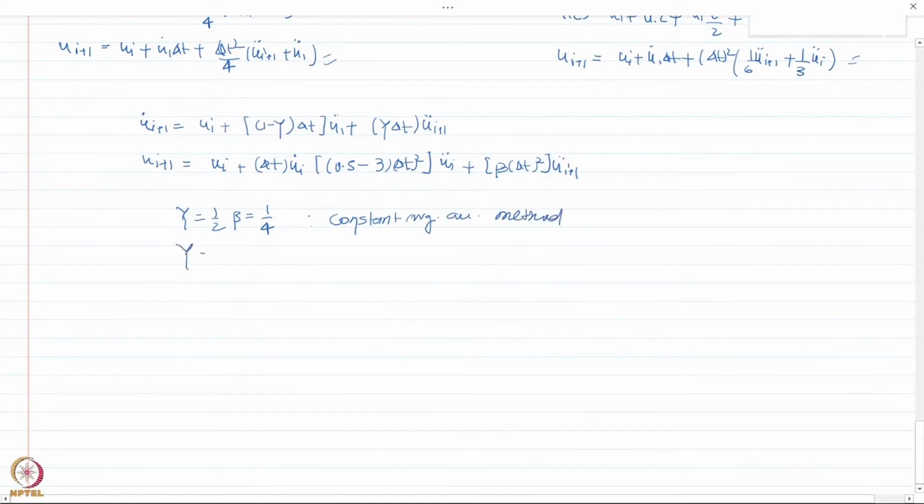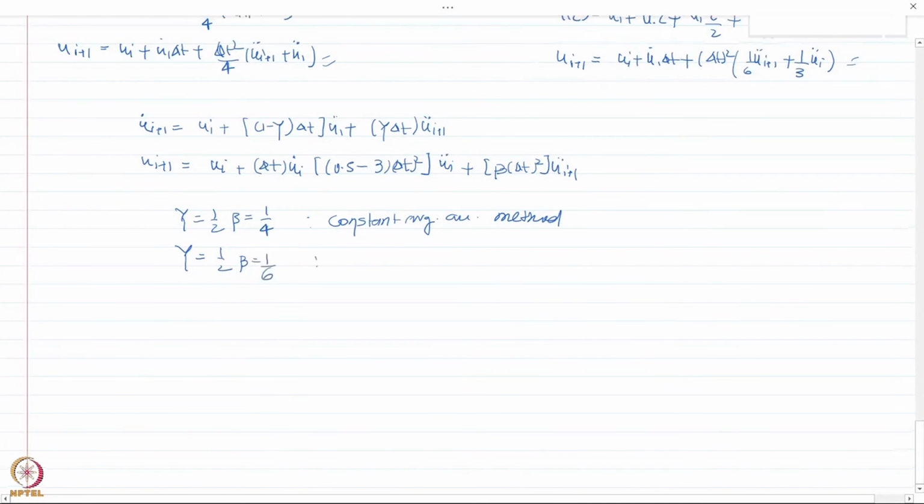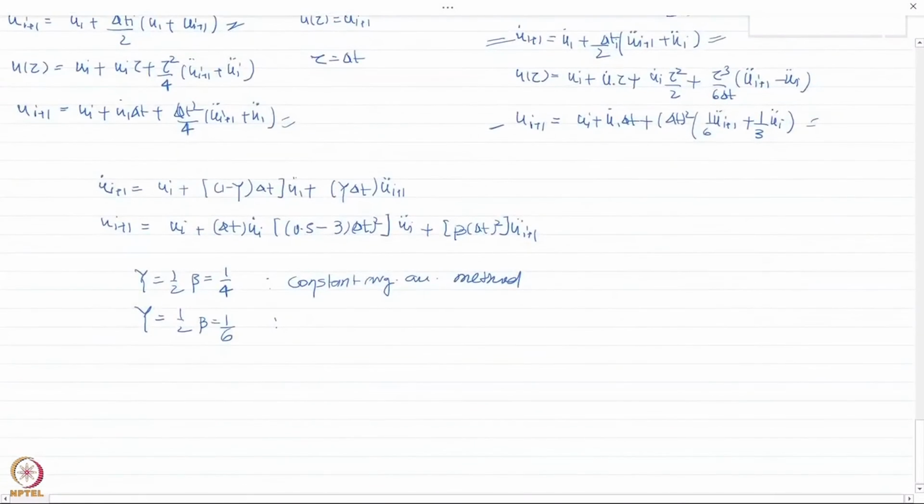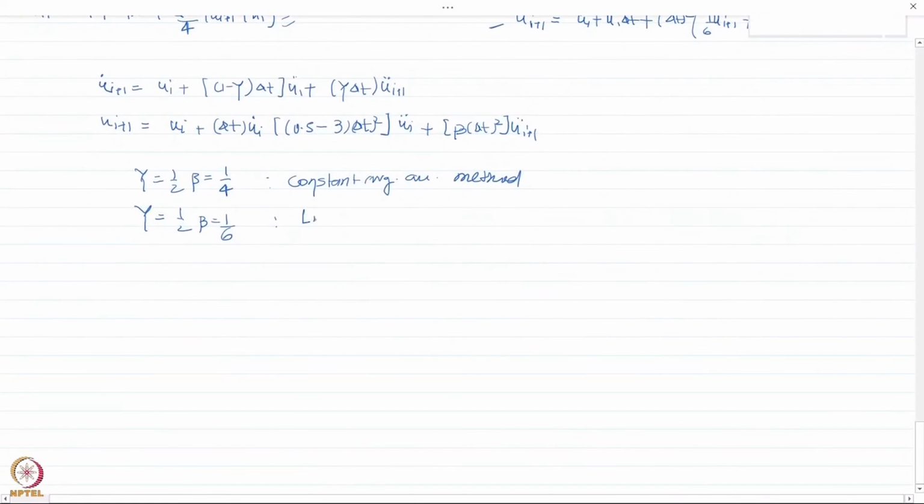And if I utilize gamma equal to 1 but beta equal to 1 by 6, then I get the same expressions for velocity and displacement as the linear acceleration method. So in general, Newmark's numerical procedures are written like this, in which we assume certain variations of acceleration, and then we get these expressions here.